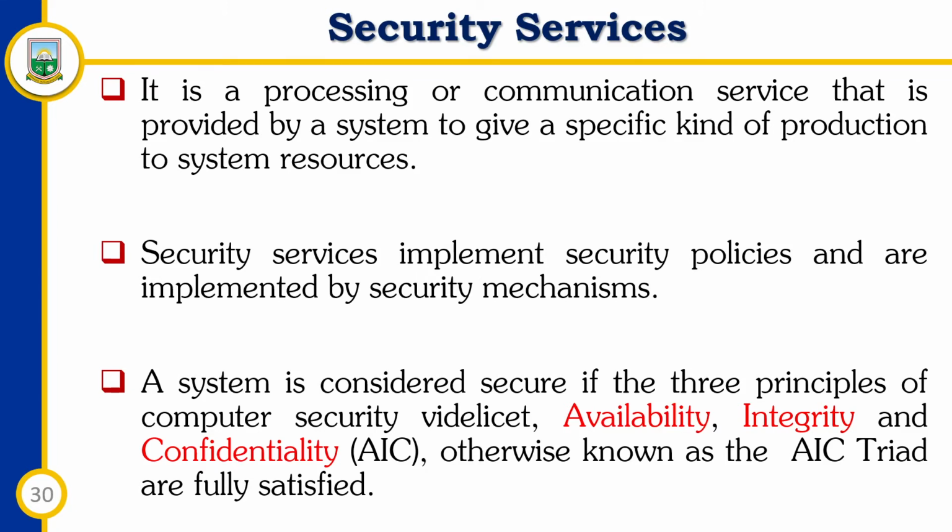The 3 of these services are so key when we talk about information security. So for a system to be called secured, it should be able to meet these 3 triads, which we term as the AIC triad, which is authentication, integrity, and confidentiality.